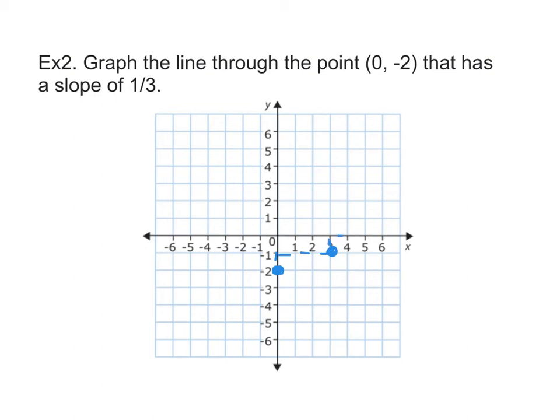Up 1, over 3. It's almost like a stair step to get you where you're going. The slope is going to stay constant. I have more than enough here to do a line, so let me go ahead and draw my line through. And there it is. So I had a starting point back here and went up 1, right 3. That slope remains constant.